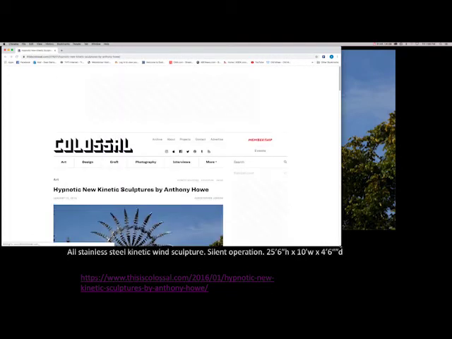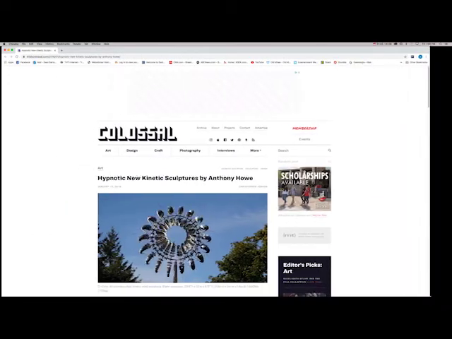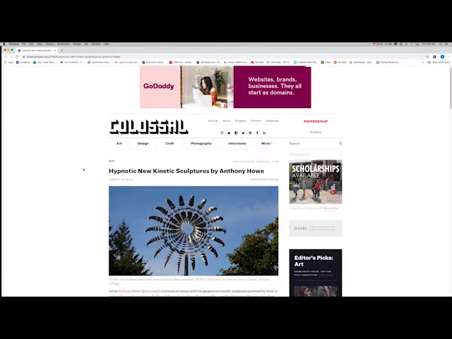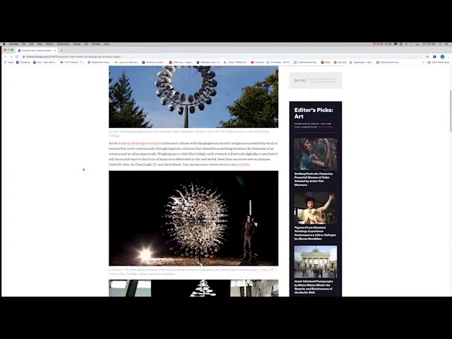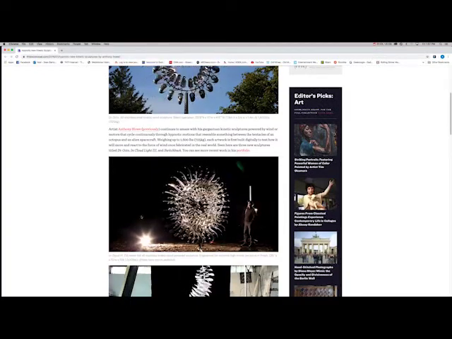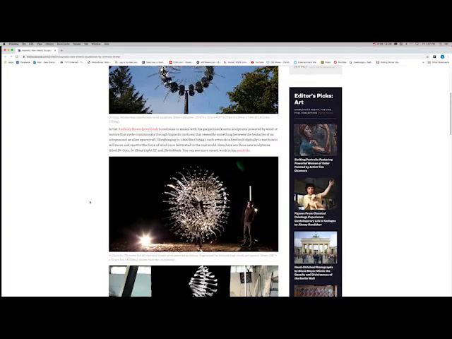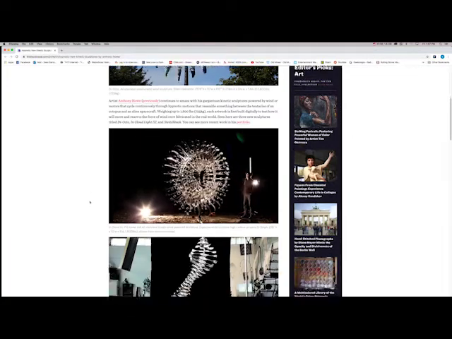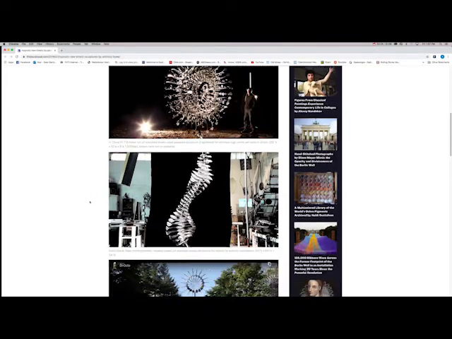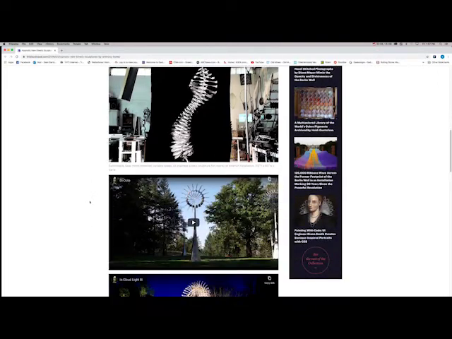There we go. All right, so this guy's work, as you go down through it, you can see the size of it compared to a person. Hundreds and hundreds of layers that intertwine, but his pieces do get larger.